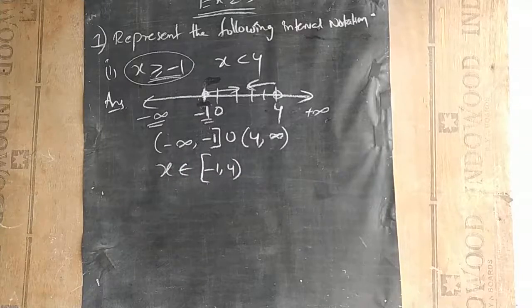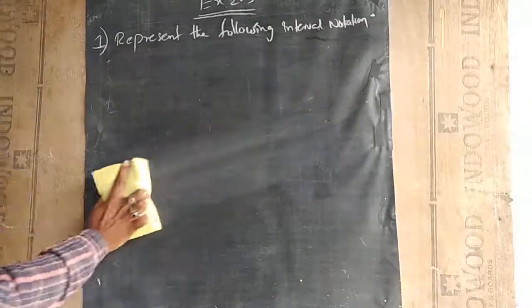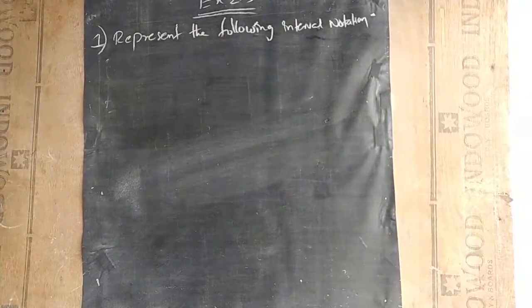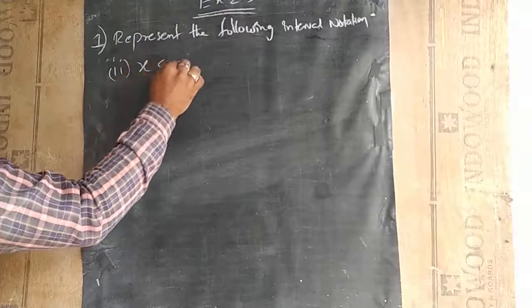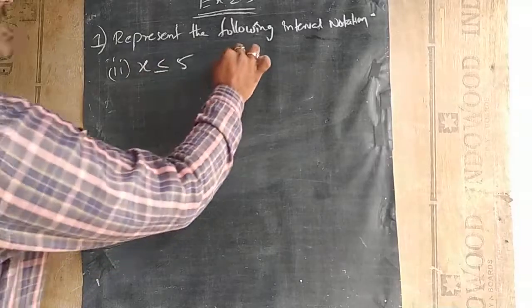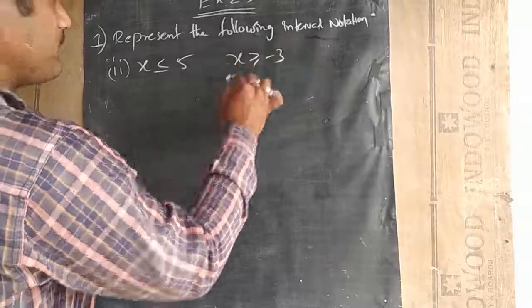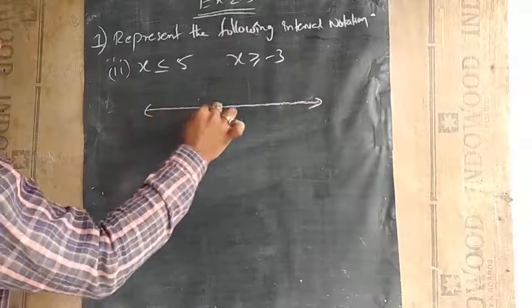Let us take the second question. X less than or equal to 5. X greater than or equal to minus 3. So in this case, in the same manner, let us represent it on a number line.